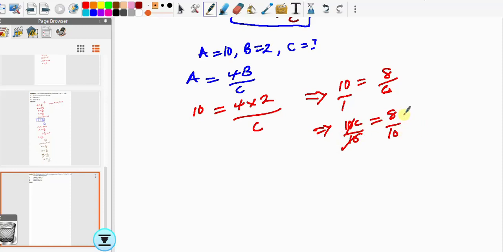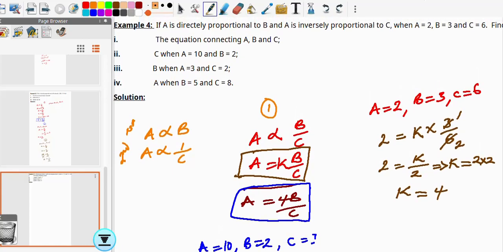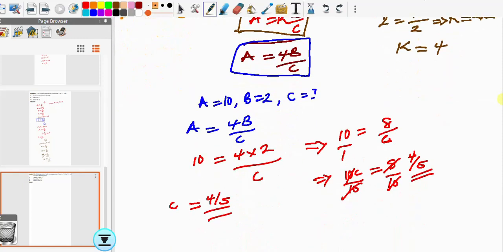So from here now we have 2 goes here, 4. 2 goes here, 5. C will equal 4 over 5. Look at the third one, which is B when A equal 3 and C equal 2.